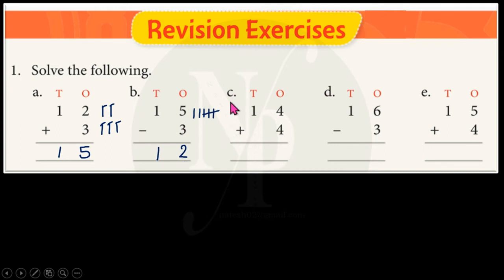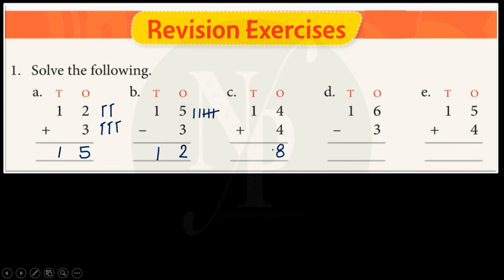C. Here we have 14 plus 4. We add the digit at ones place first. We have to add 4 and 4. 4 plus 4 is 8. You may draw lines if needed. So 4 plus 4 is 8. I write 8 in ones place here.